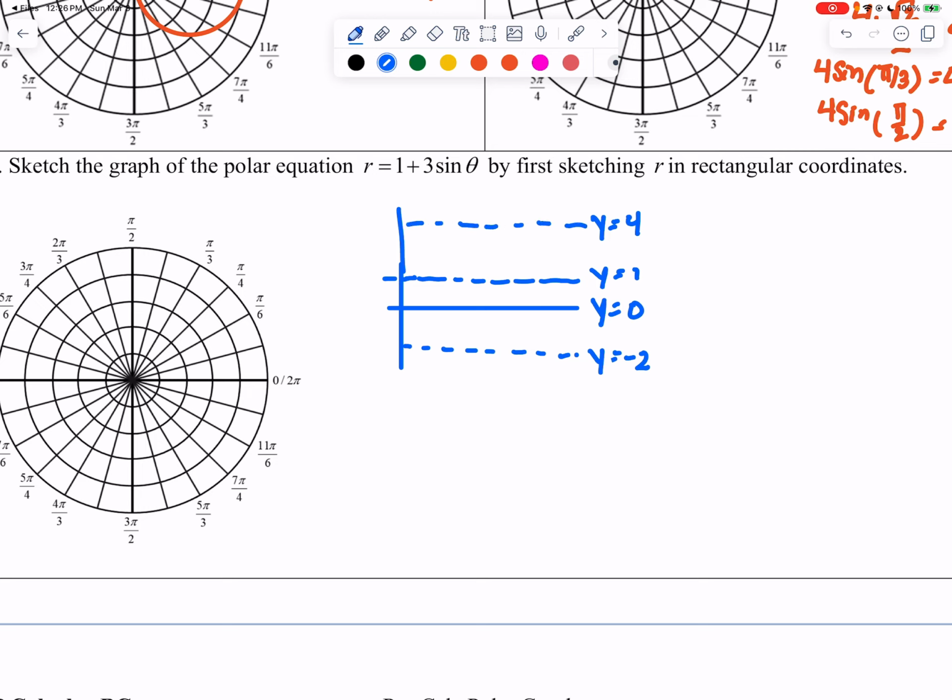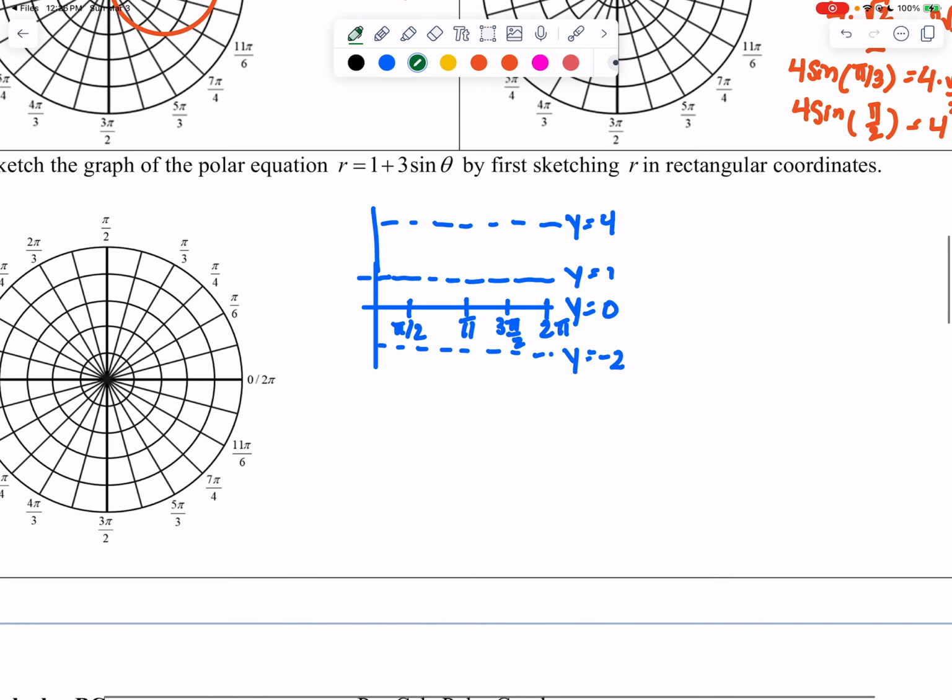Okay, so we have, let's say, 2 pi right here, pi right here, pi over 2, and then 3 pi over 2. What we're going to do is just graph this. We know that sine starts at the midline, then goes up, then goes back to the midline, then goes down, then goes back up to my midline. So now we have this graph right here.